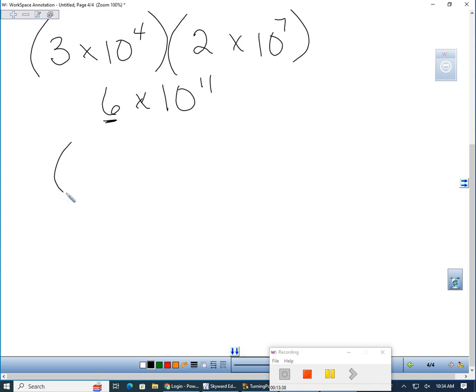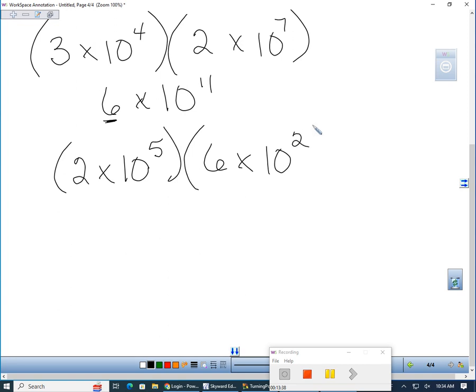Let's say I have 2 times 10 to the 5th times 6 times 10 to the 2nd. Multiply our coefficients, we get 12. You keep your base, which is 10, and we add our exponents, which gives 7. This time our number is too big, so I have to move my decimal over 1.